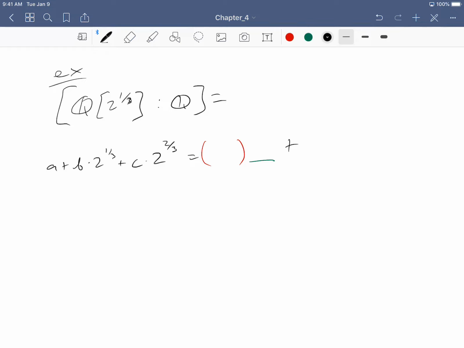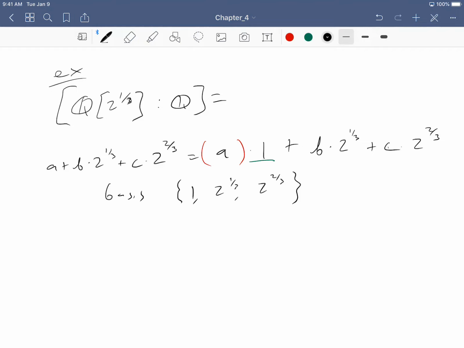And hopefully you've got this idea down by now. So our scalars are going to be the a and the b and the c. And our basis vectors are going to be 1, 2 to the 1/3, and 2 to the 2/3. So our basis was 1, 2 to the 1/3, 2 to the 2/3.